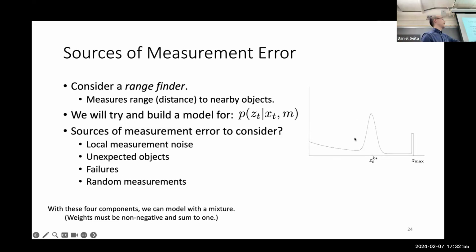If it does look like that, then it's a sensor that has a lot of noise, because a lot of the mass is way over here. But the reason they do this is just to show what the noise looks like. Hopefully the distribution is more centered around v_k star, because that would be a less noisy sensor.